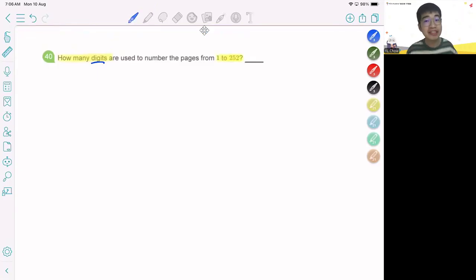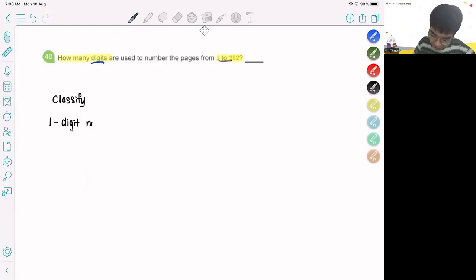Now, when you look at this range of numbers, you will realize that not all numbers are the same, right? We need to classify the numbers based on how many digits they each have. Among the range 1 to 252, I have one-digit numbers. I have two-digit numbers.